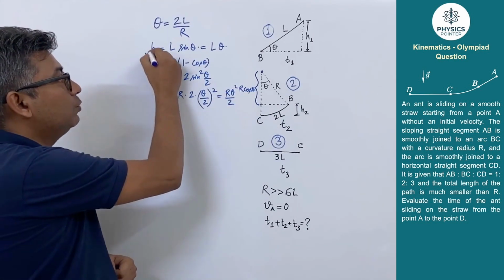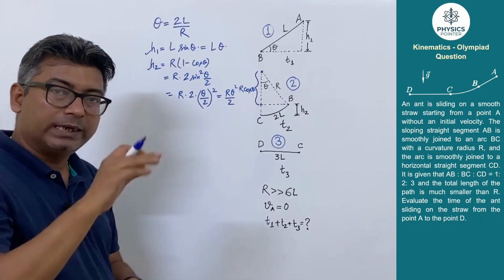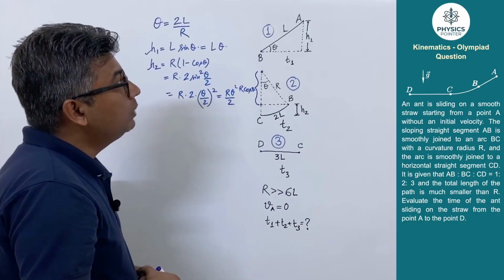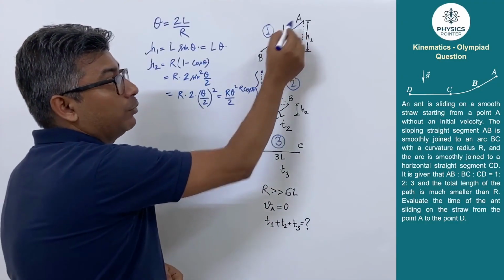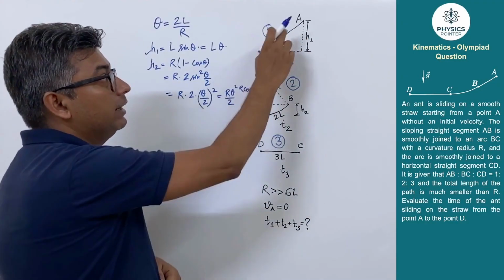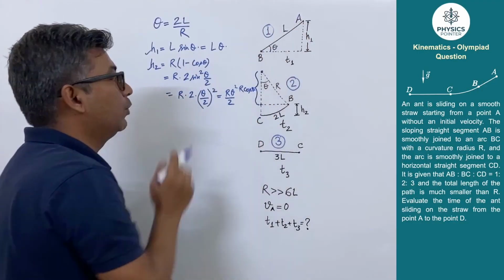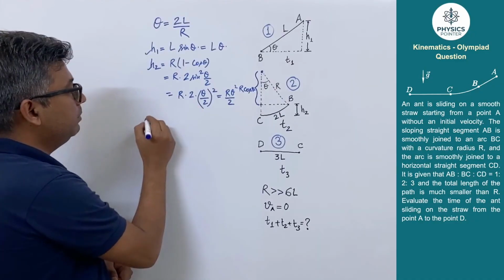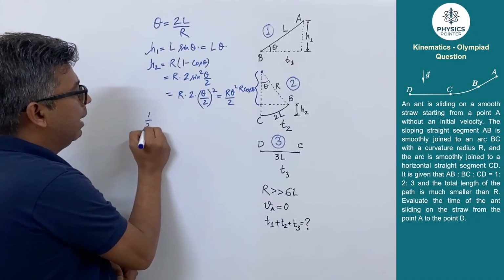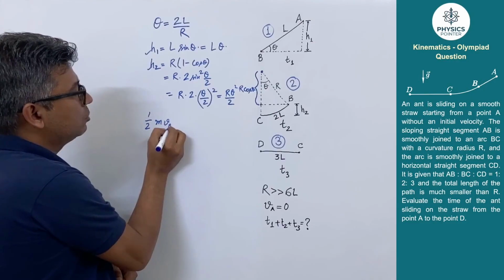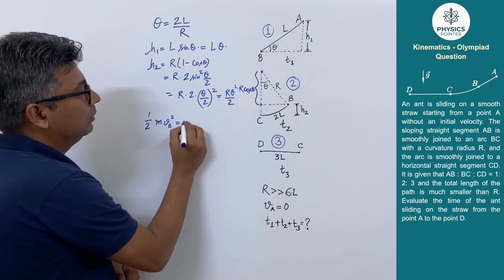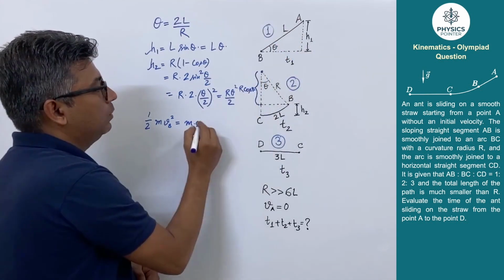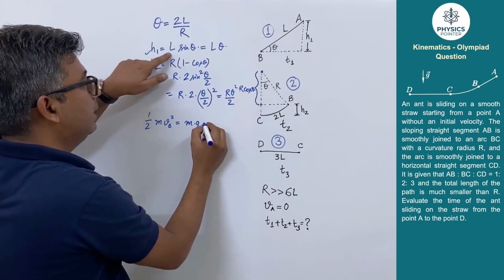So we got H1, we got H2. Now we can jump on to energy conservation. And how to do that? We already know the velocity at point A is 0. So let's do the energy conservation from point A to point B. Let the velocity at point B be Vb. So half m Vb square is equal to m g times h1, and this height h1 is L theta.